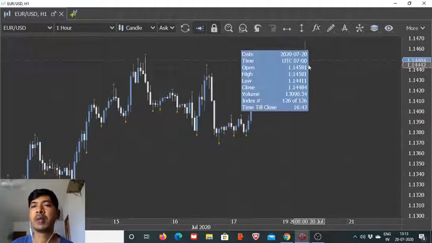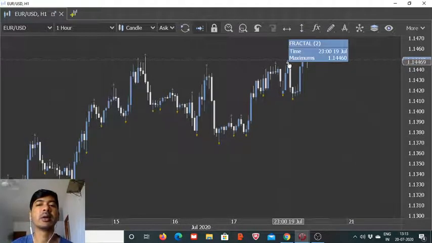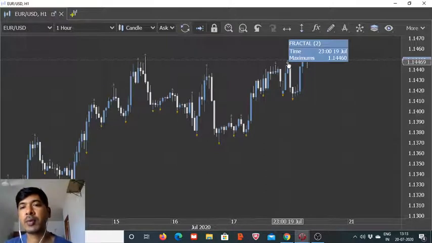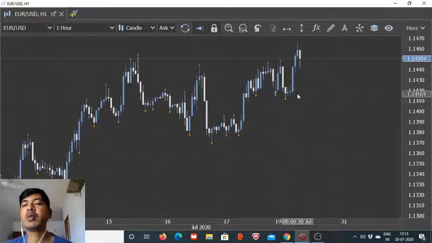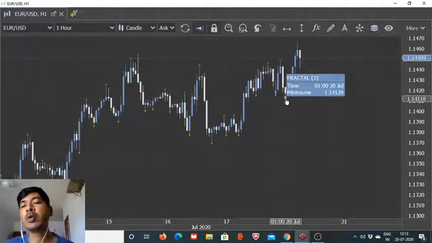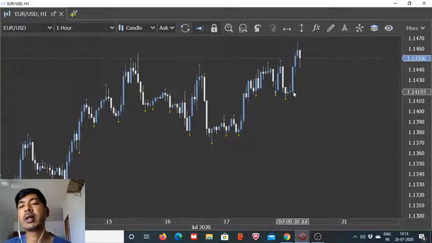So here, if we consider this fractal which was formed on today's chart, 23 GMT, 19 July, as you can see we have this high value, and the prior 2 candles have lower highs and the next 2 candles have lower highs, and similarly for the low value you need the minimum value to be less than the prior 2 candles, as well as lower than the next 2 candles.